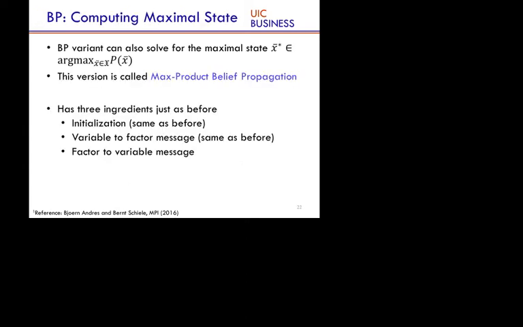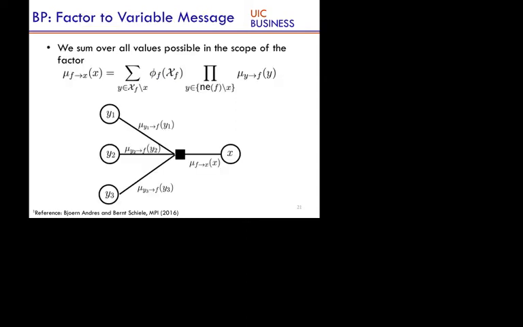So a second variation of belief propagation. The previous algorithm actually computes marginals. Once you pass these messages, you can compute the probability of x, and get rid of all these other variables in the graph. Let's say there was a huge graph where you cared about finding the probability of x.